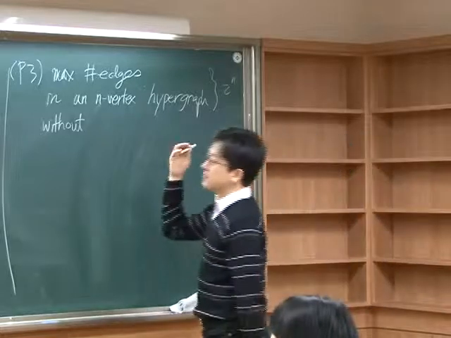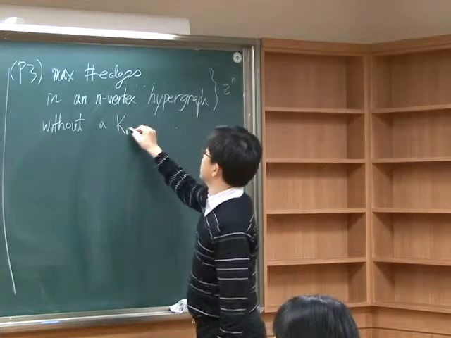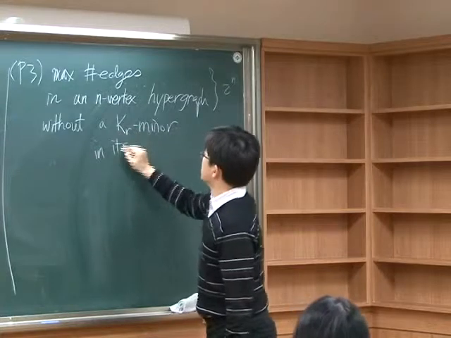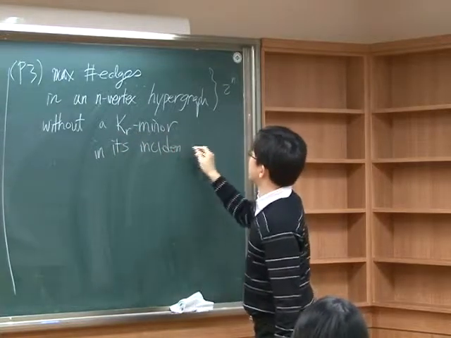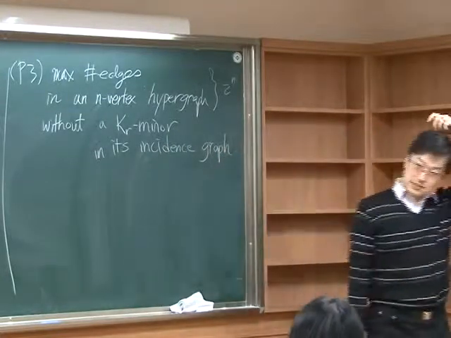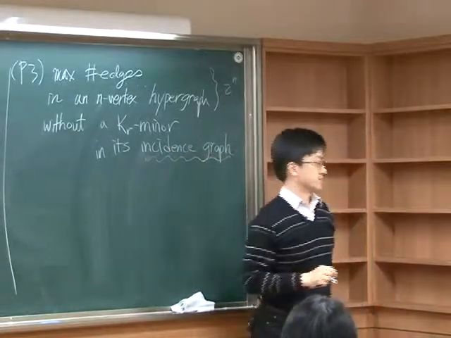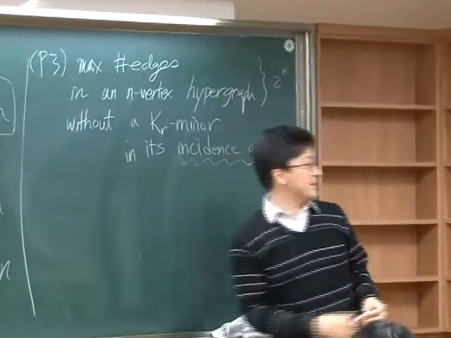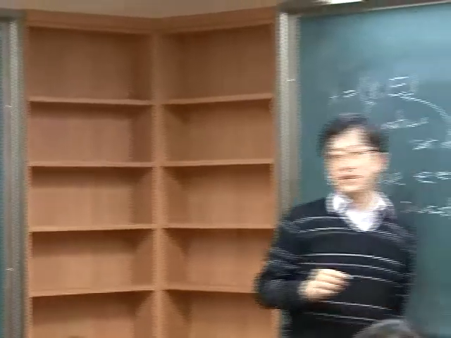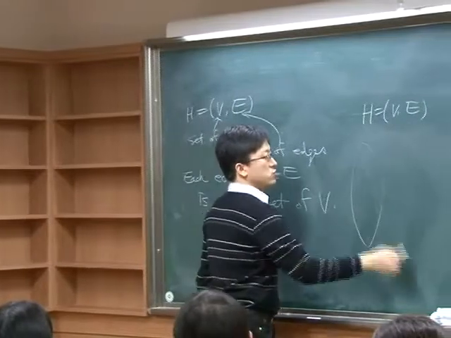So instead of looking at a minor in the hypergraph, we will look at the minor in the incidence graph of the hypergraph. So what is the incidence graph of a hypergraph? You have a hypergraph H. Then you can think about a bipartite graph, which is obtained from two parts.